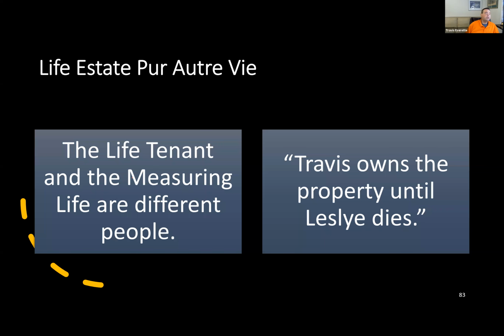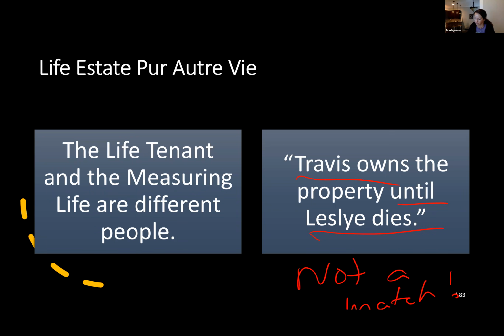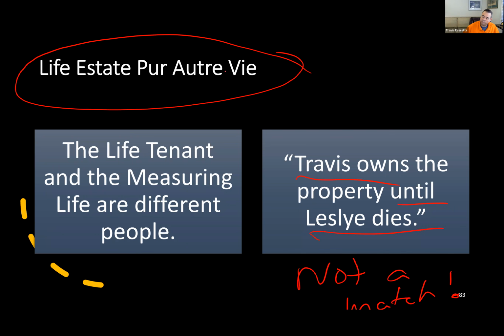If the life tenant and the measuring life are two different people, then that's a life estate per autre vie. Travis owns, there's the life tenant part, until Leslie dies, not a match. When they don't match, that is called a life estate per autre vie.